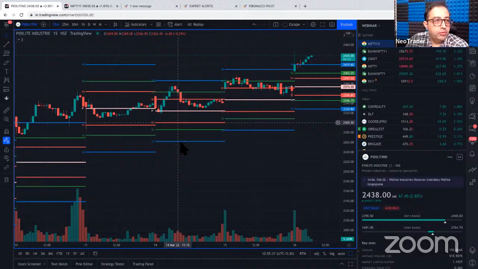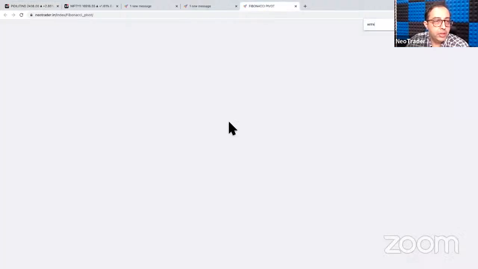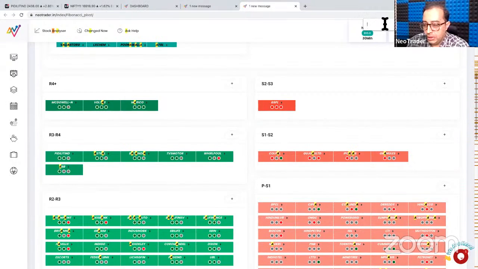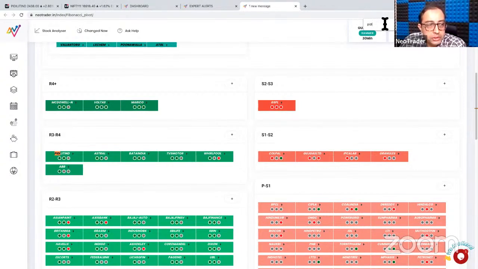So now, for example, if you had the whole page at your disposal, all you have to do is type here Pidilite. You know it's doing well. It's already moved above R3. So it's a good buy candidate. Correct. So your job becomes easier.